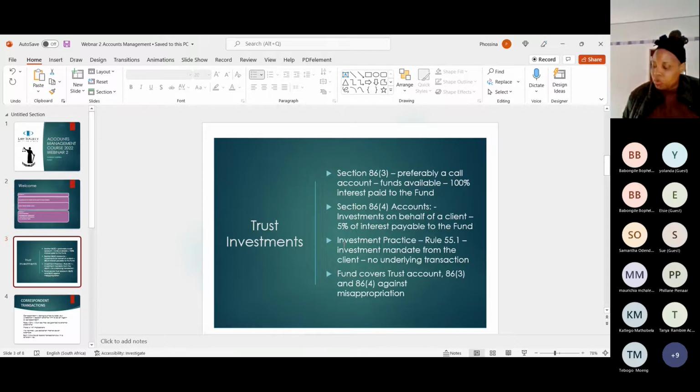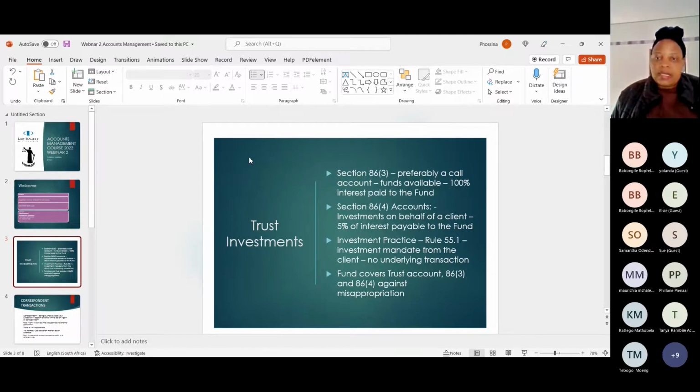An investment practice has its own rules, and an attorney or advocate has to follow those rules and make sure that they have a mandate from the client, and also inform the client what happens to these funds. Say, for instance, you are told to put money on the stock exchange and the stock that you bought for the client collapses, then the Legal Practice Fund is not liable for any reimbursement of such a loss.